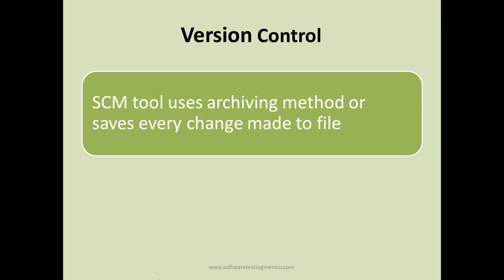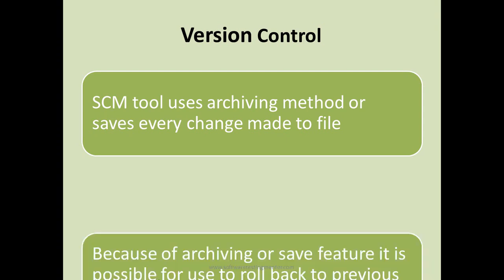So it takes a snapshot of the version that is available now in SCM, and as soon as there are changes made in the file, it creates a new version and it archives the previous version. So that's how it keeps version control in the SCM.